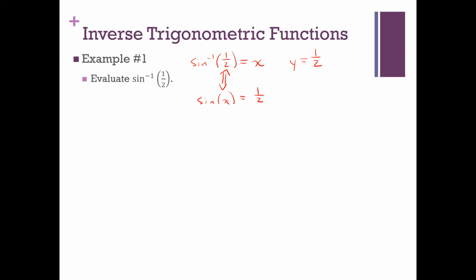They exchange elements from the input set, the domain, for elements in the range. So 1/2 is in the domain of inverse sine, which means it's in the range of sine of x. So basically now what we're asking is, what value of x, what angle, has a sine value of 1/2?